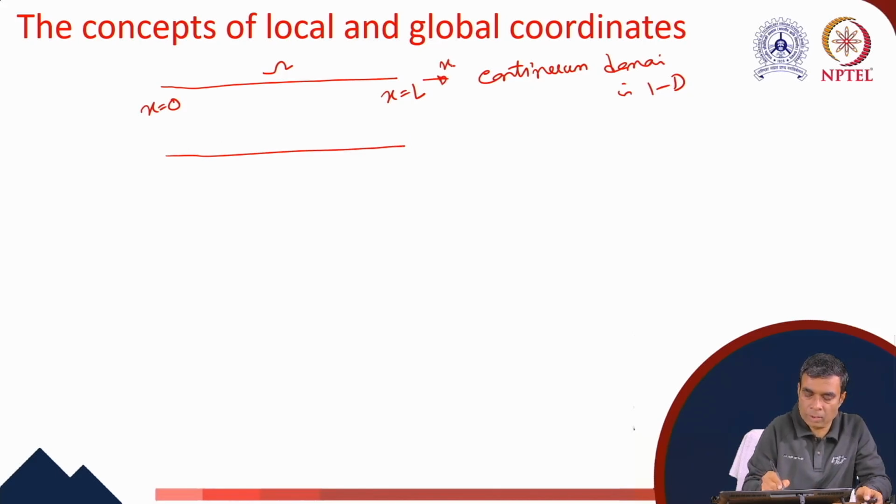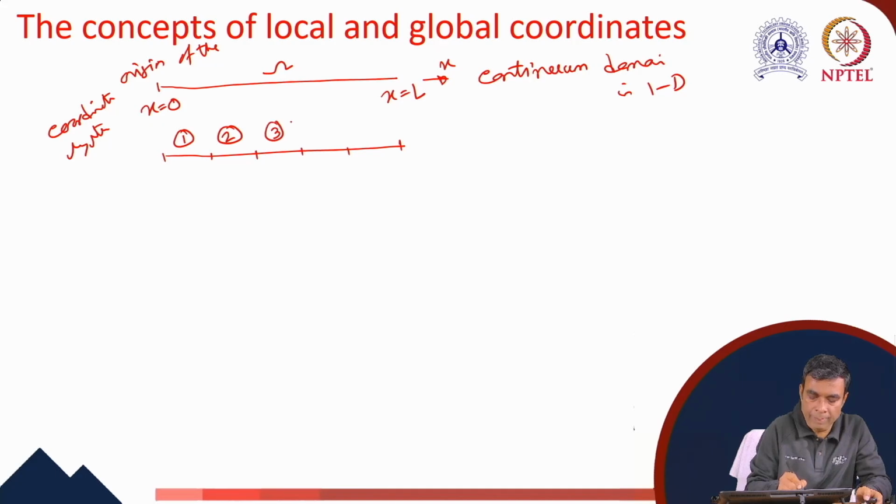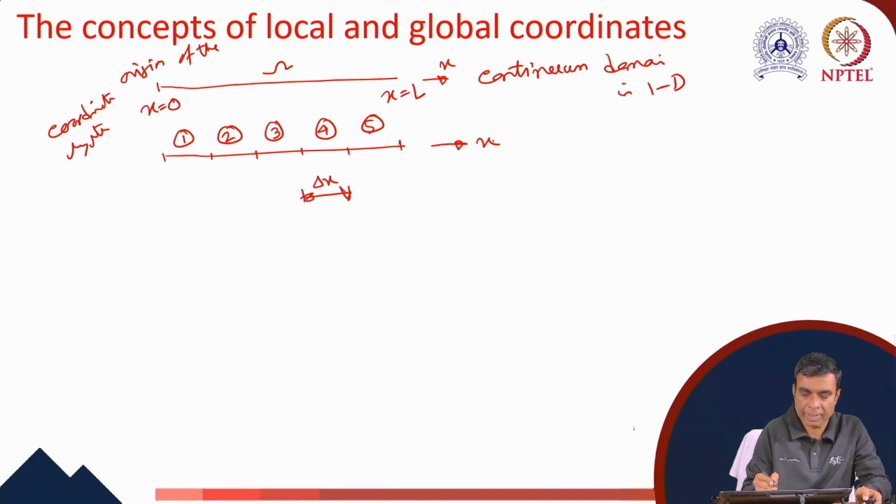This is the global coordinate system x and this is the origin of the coordinate system. Now we discretize the domain by a certain number of elements. So this is element 1, element 2, element 3, element 4 and element 5, and this is the mesh size or grid size delta x. This is the x direction.